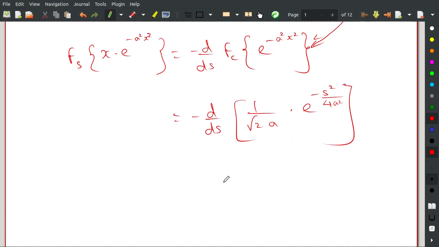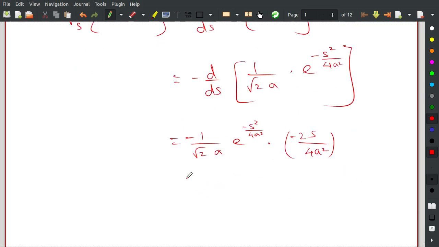Okay, so if we differentiate this, and we have a minus here, these are constant things, we can take this outside, so it is minus 1 by root 2a, and if we differentiate this we have e power minus s square by 4a square, into minus 2s divided by 4a square, right?